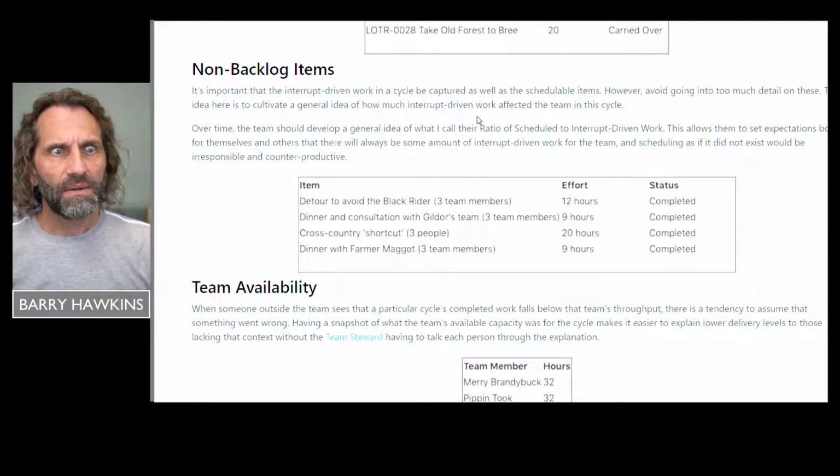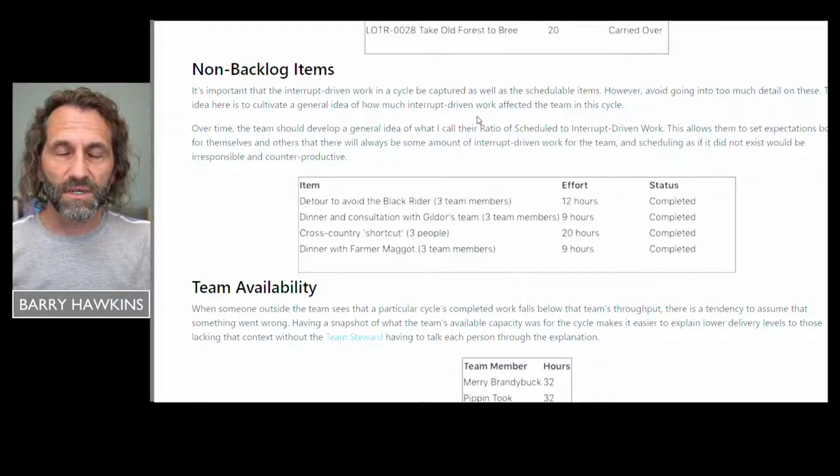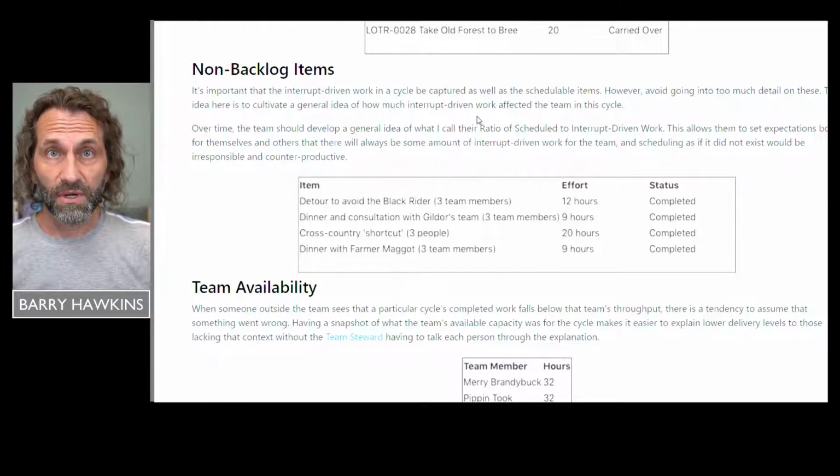And so having the non-backlog items there gives you a place to capture and chronicle those interrupt-driven things, and then cycle over cycle, as you look at your logs, you can come to see what generally is the pattern of interrupt-driven work that we typically find ourselves servicing. And that's important to know, because if you're only ever talking about your schedulable capacity, your teams and your dependent teams and stakeholders can come to view your schedulable capacity as the only thing you're doing.